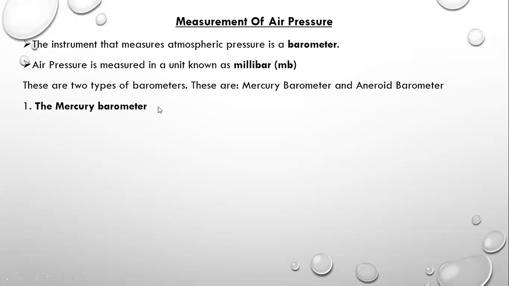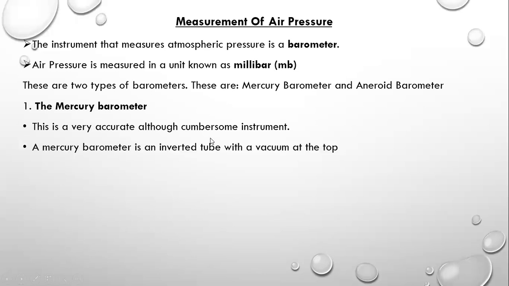The mercury barometer is a very accurate instrument, although cumbersome. A mercury barometer is an inverted tube with a vacuum at the top. The open end is placed in a mercury bath.